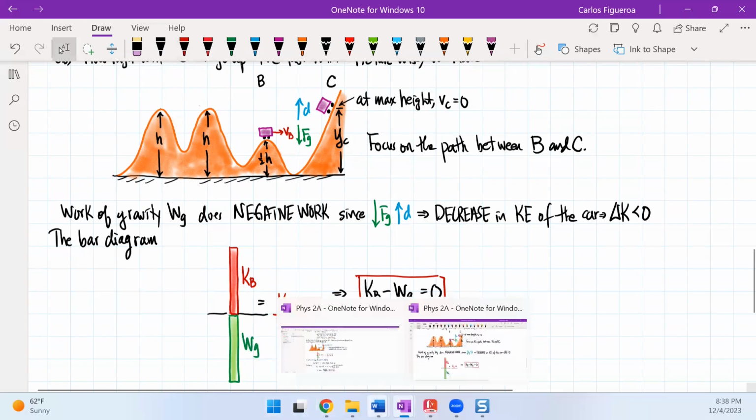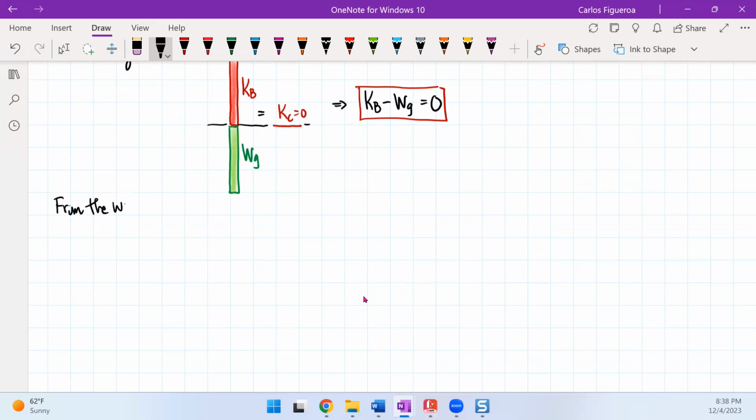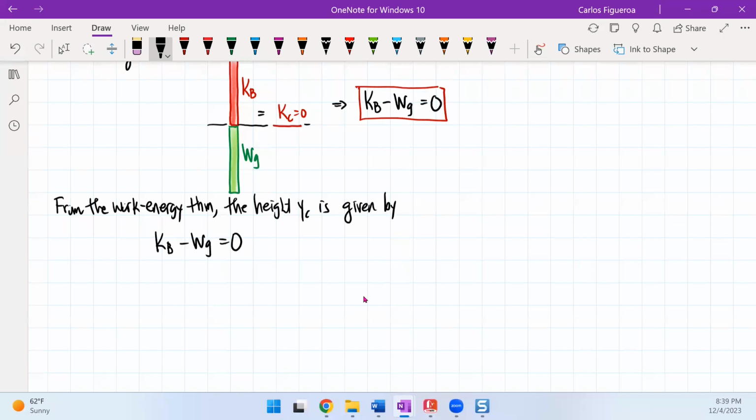So now we can use the work energy theorem to calculate this height YC. From the work energy theorem, KB minus the work of gravity is equal to 0.